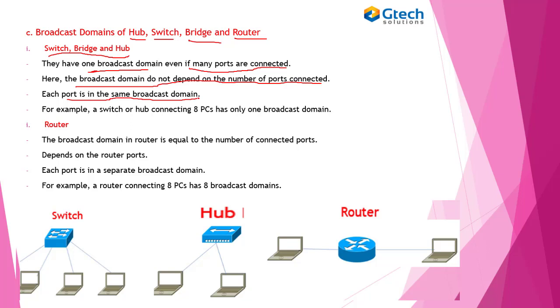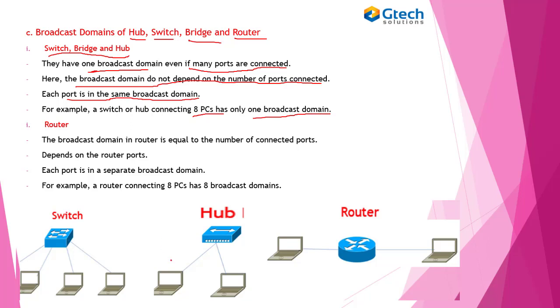Then this is now the big point here. Under switch, bridge and hub, each port is in the same broadcast domain. Okay, for example, a switch or a hub or a bridge connecting 8 PCs has only one broadcast domain because each port is in the same broadcast domain.